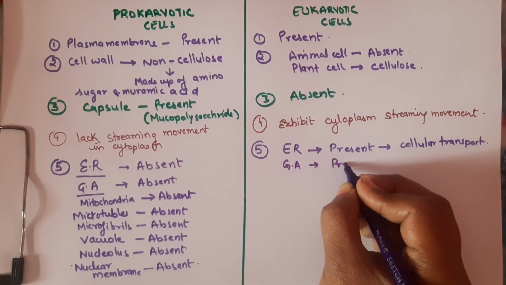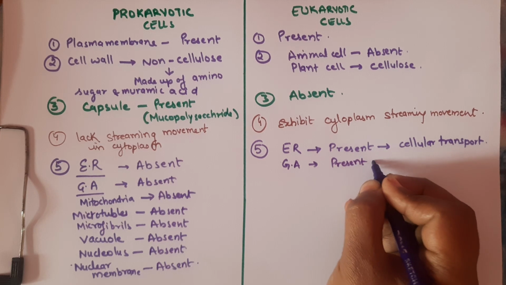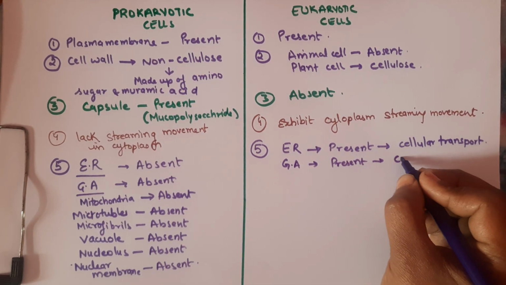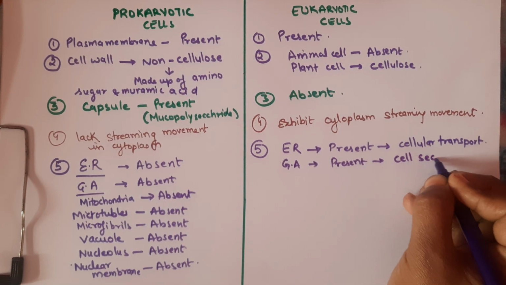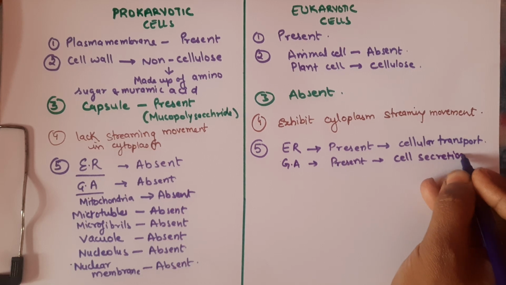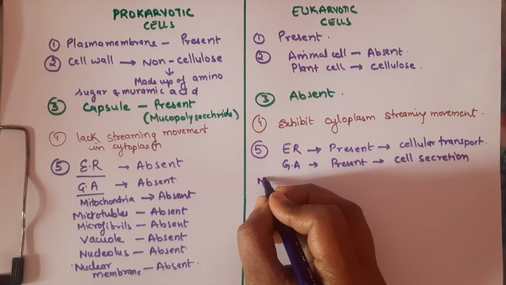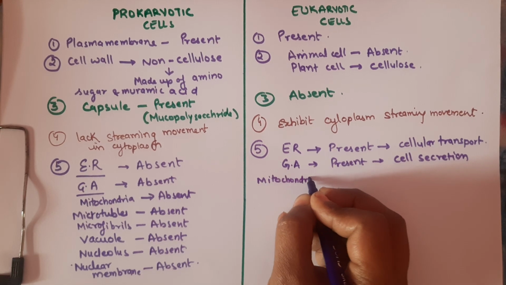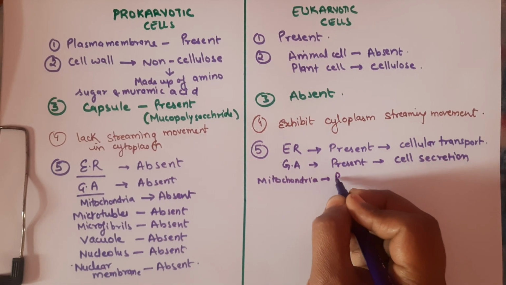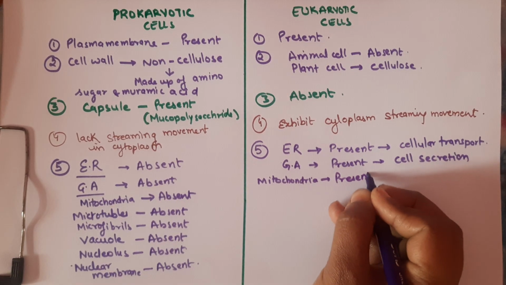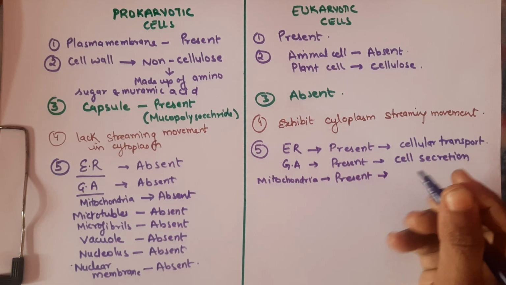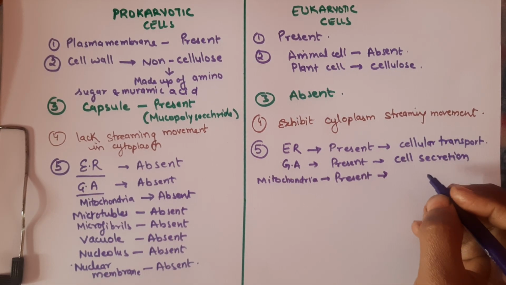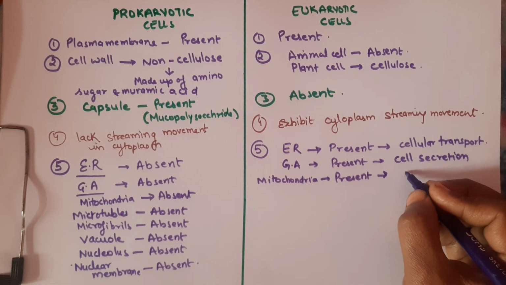It is present in the eukaryotic cell and plays a role in cell secretion. The next is the mitochondria. It is present in the eukaryotic cell, and it plays a role in cell respiration and liberation of energy.